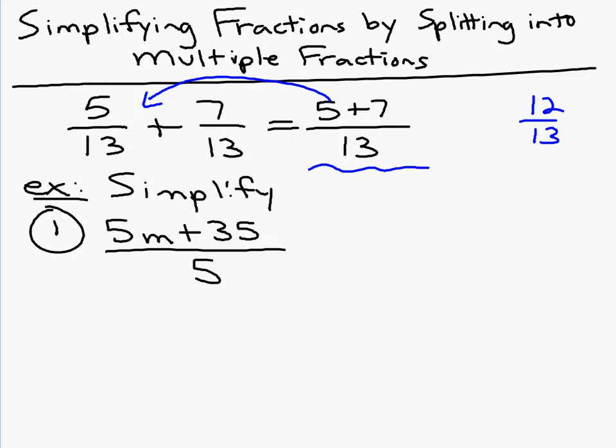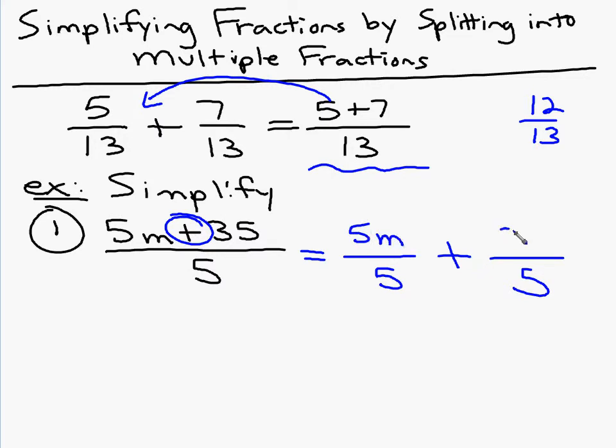So based on what I just talked about, I can split this into two new fractions that are both over 5. And whatever this sign is in between on top, that's what goes right here. So then I just fill in the blanks. This is 5m over 5 plus 35 over 5.